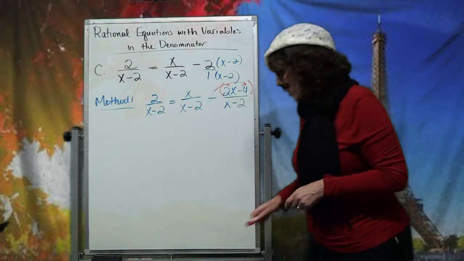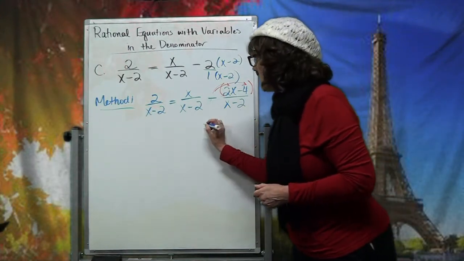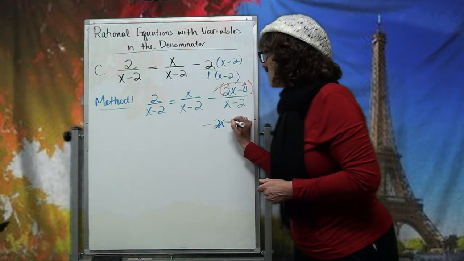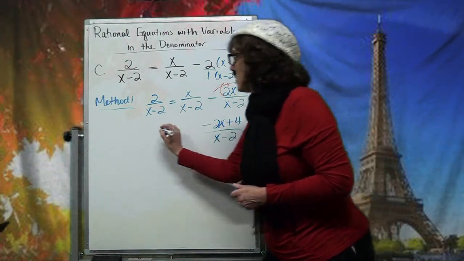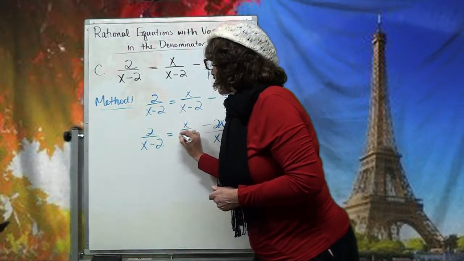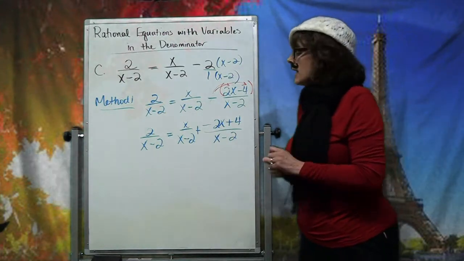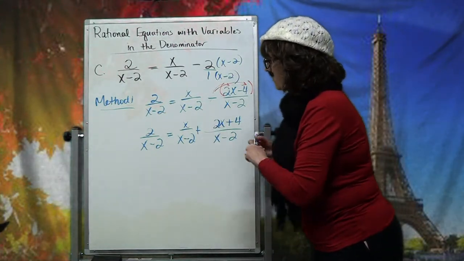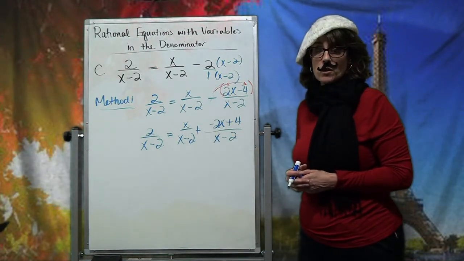We're there now. When we distribute this negative all the way through that second parentheses, we get a negative 2x plus 4 over the x minus 2. And then we've got 2 over x minus 2 equal to x over x minus 2. It turns it into an addition problem. Now that I have common denominators all the way across, I can combine up those numerators.